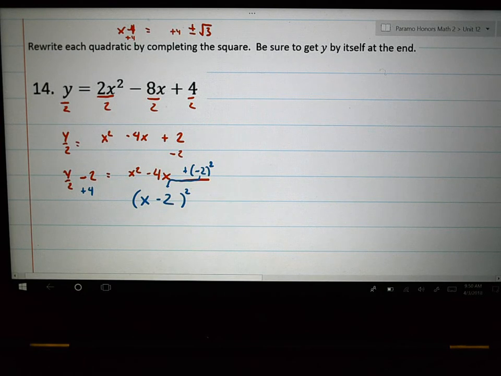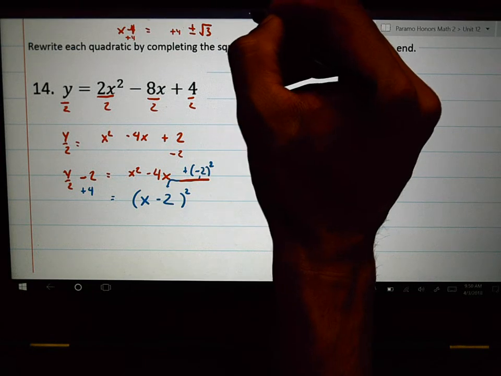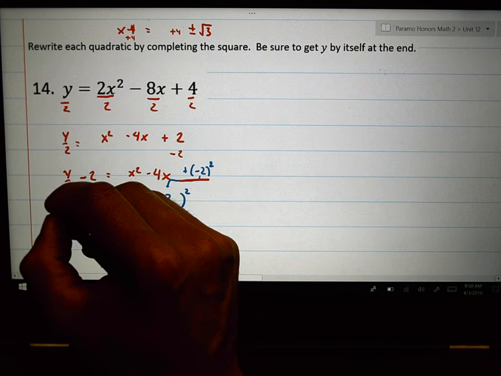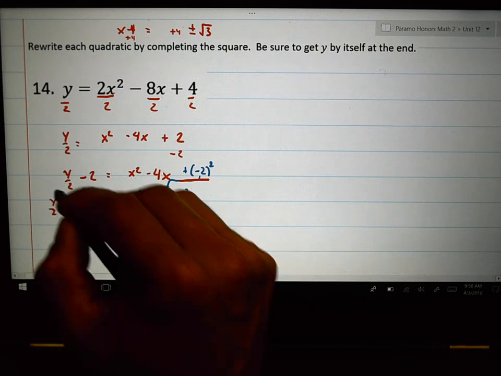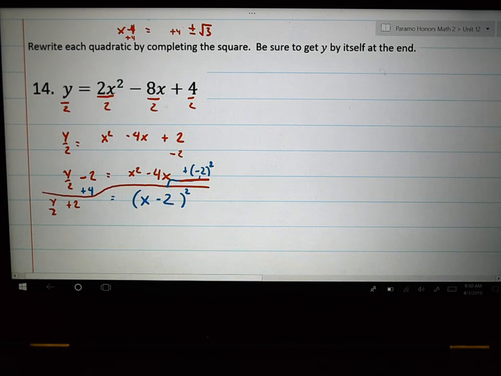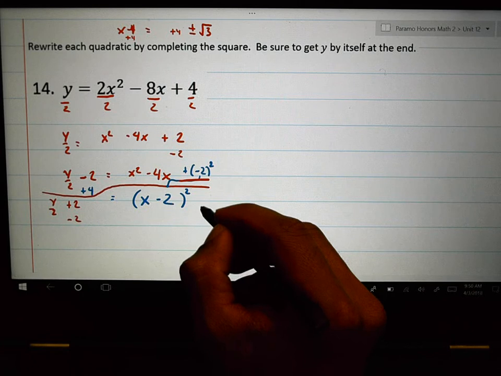On this side, I simplify. I put y over 2 plus 2. I'm going to just draw a little line so I know where I'm at. I'm almost done. This is almost in vertex form. I'm going to subtract 2 and subtract 2.